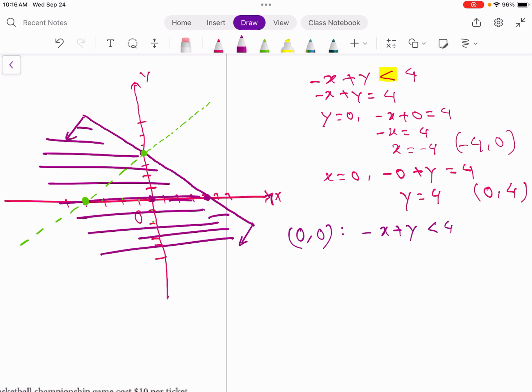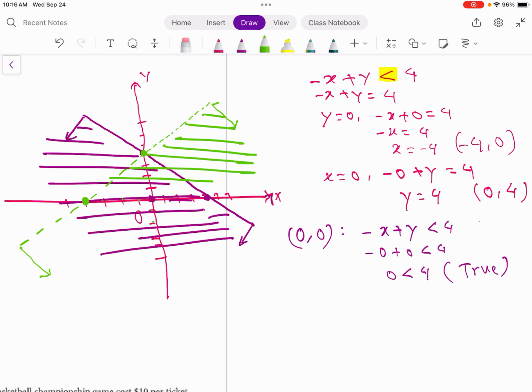So you replace x by 0, y by 0. So we have 0 less than 4. It is true. So it means our solution is towards the origin. So all these points are the solution.